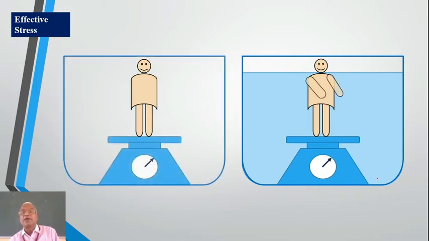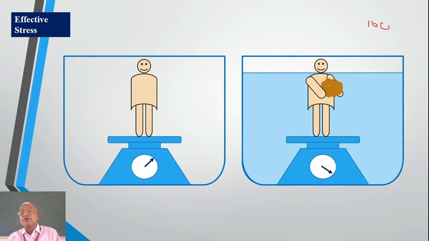Okay. Now let's say he holds an object. Obviously there will be a change because it gets added to him, with whatever buoyant weight is there. Now if you imagine this as a 100 newton object, the reading will not be 400, which would be 300 plus 100.